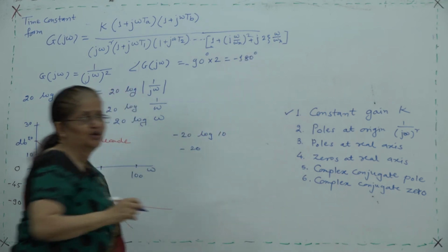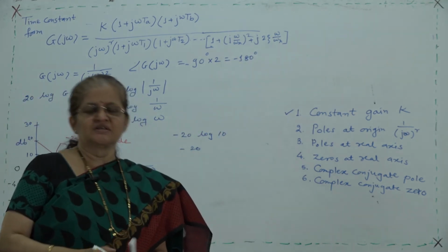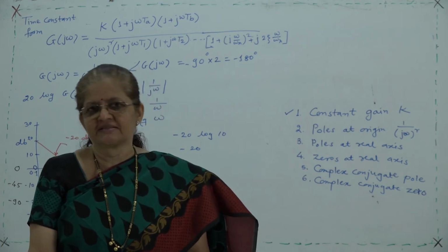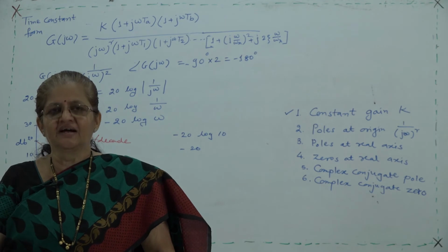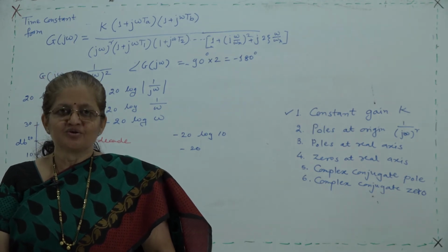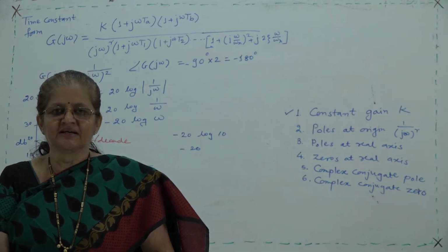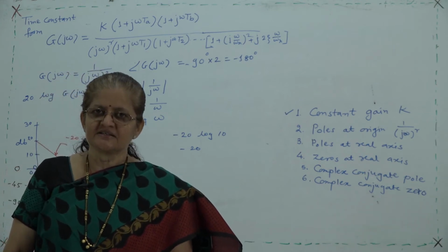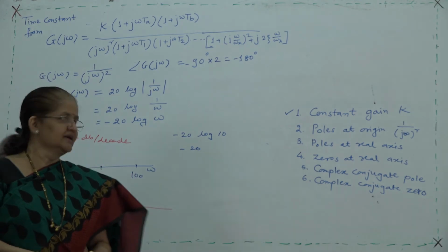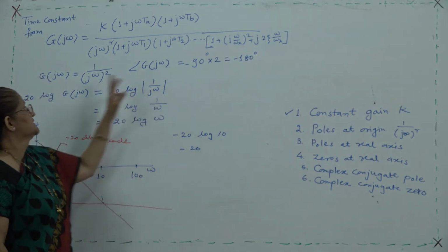Due to one pole at origin you will get an angle contribution of minus 90 degrees. Due to another pole at origin you will get an additional minus 90 degrees. So, what is the total? Minus 90 plus minus 90, that is minus 180 degrees. So, the angle contribution is minus 180 degrees.